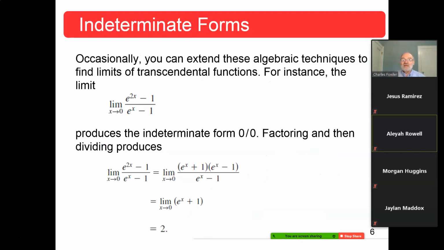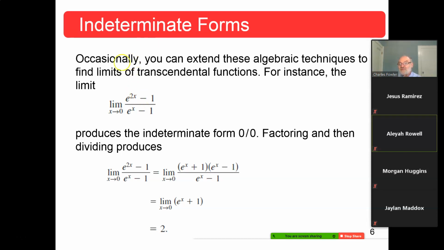Occasionally, you can extend those algebraic techniques to find limits of transcendental functions, okay? For instance, this one, e to the 2x minus 1 over e to the x minus 1. Well, when x is approaching 0, 2 times 0 is 0, e to the 0 is 1, 1 minus 1 is 0, over e to the 0 is 1, 1 minus 1 is 0. 0 over 0, another indeterminate form.